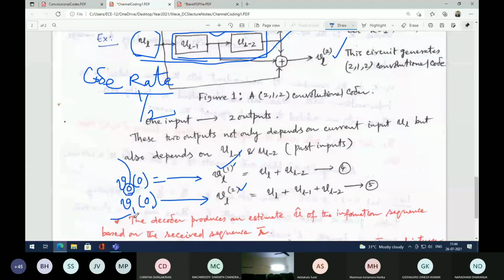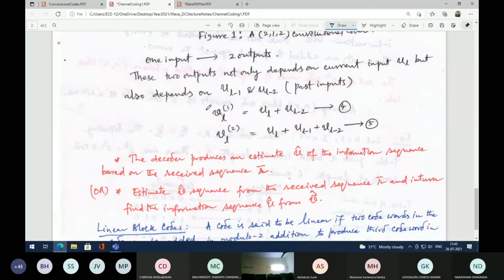The suffixes indicate the output number, and the other indicates the time index, Lth time or jth time. This is a coded output.